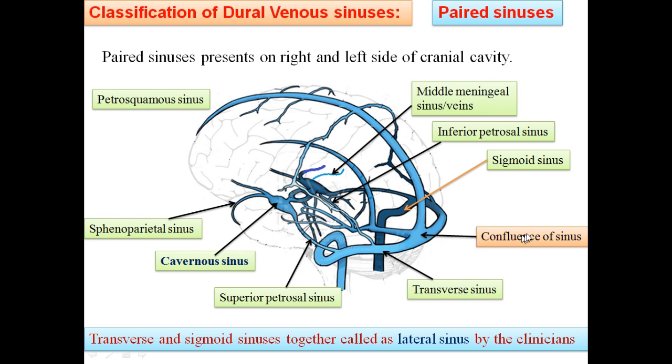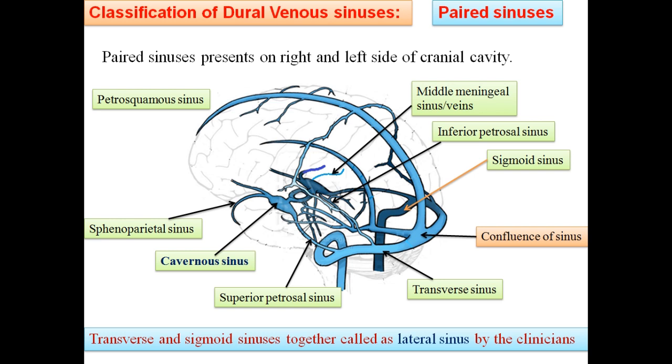And the confluence of the sinuses is the junction where the sinuses meet together. Some authors include the petrosquamous sinus. As per my knowledge, the petrosquamous sinus is a fetal vein and disappears by birth. If it is present, it drains into the transverse sinus.